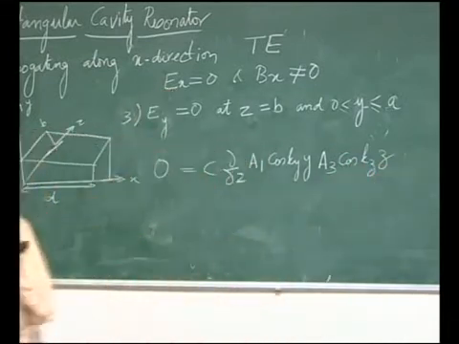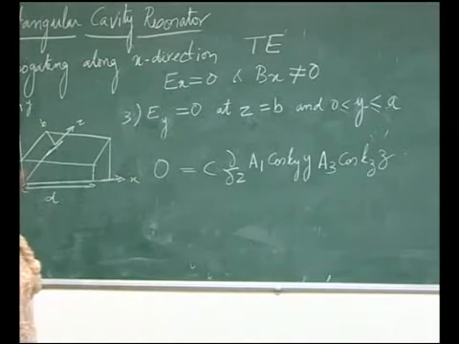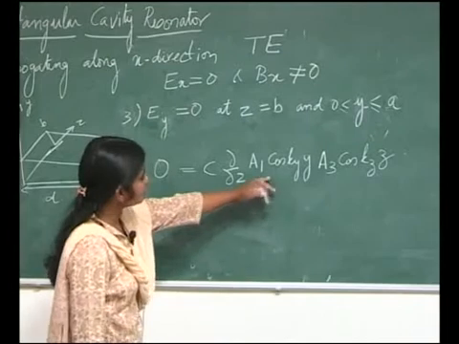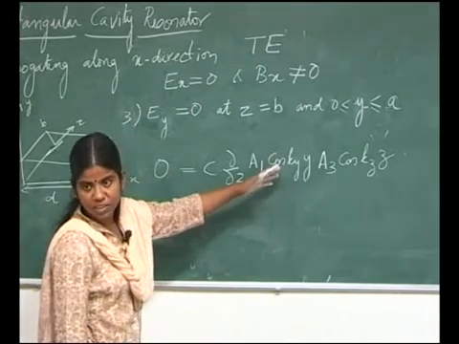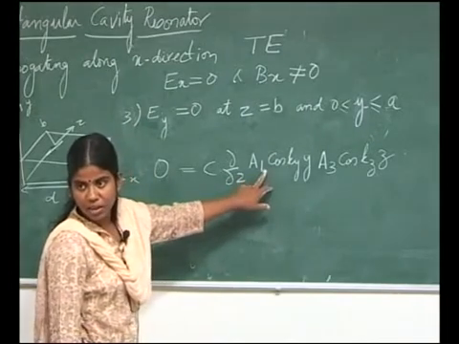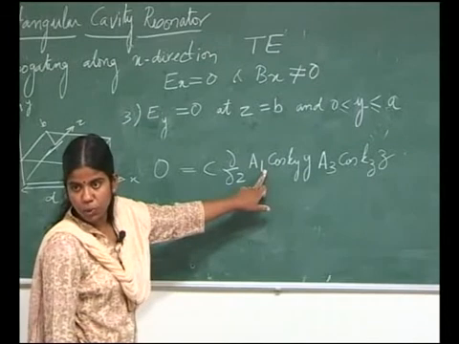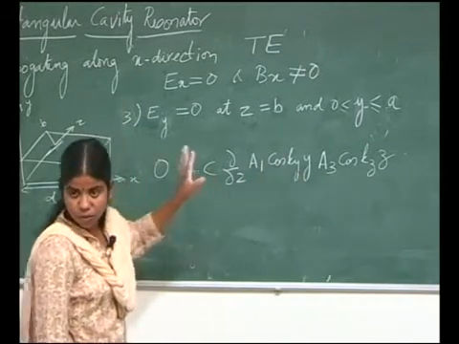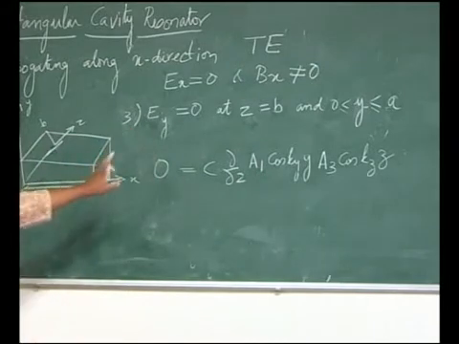Is it okay? Again this first term will not be 0. a1 is not equal to 0, and a1 cos ky y is not equal to 0 in this particular case.